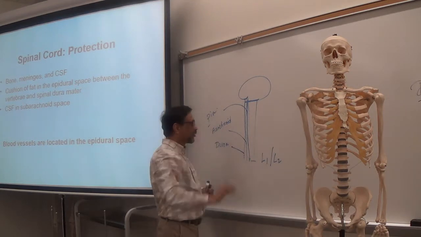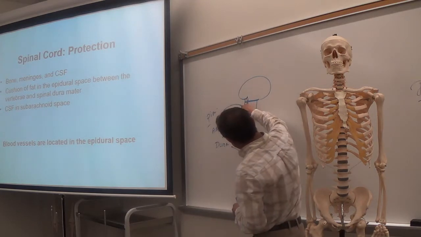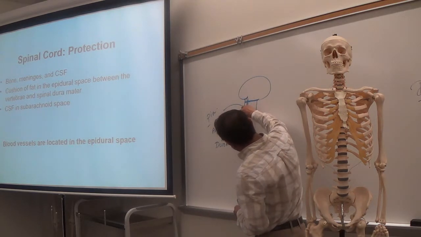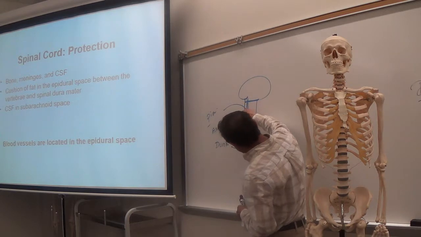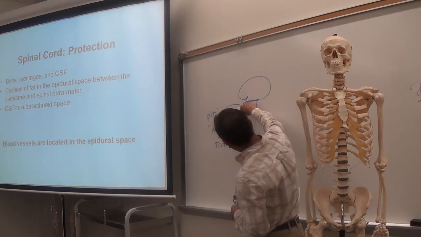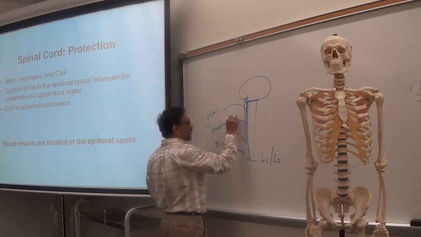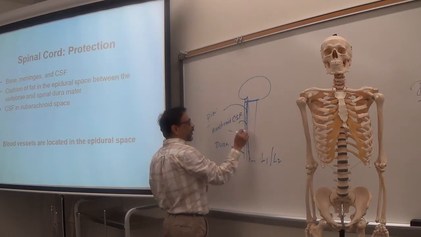So like your brain. And in subarachnoid space, that means in between arachnoid and pia, you have the cerebrospinal fluid. Same as the brain. Okay? So you have here cerebrospinal fluid.